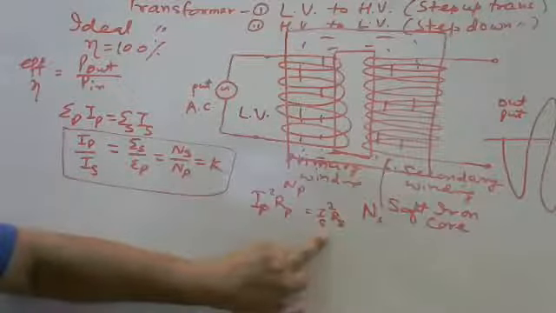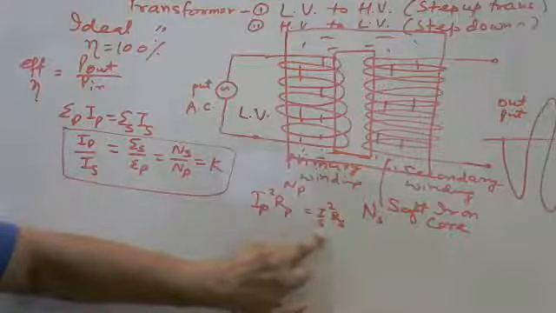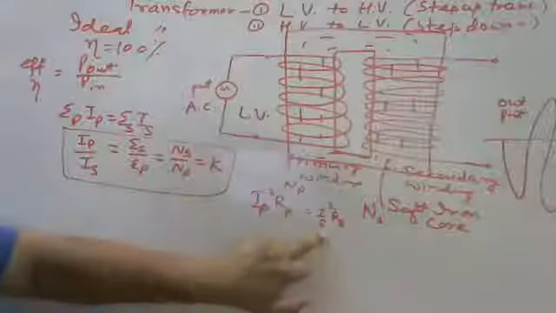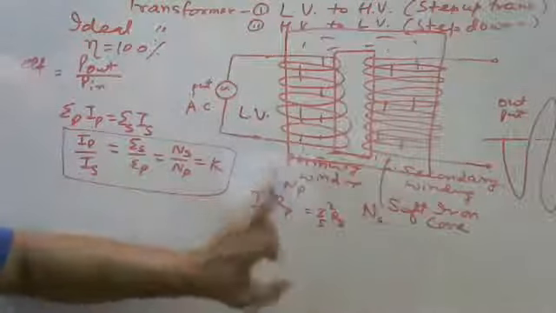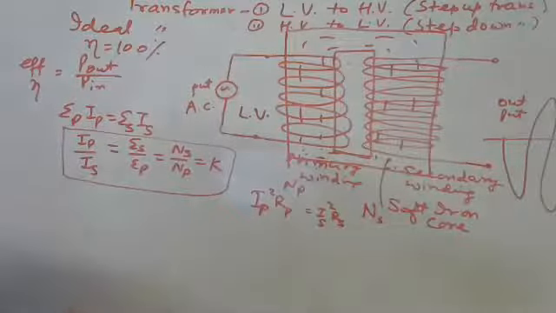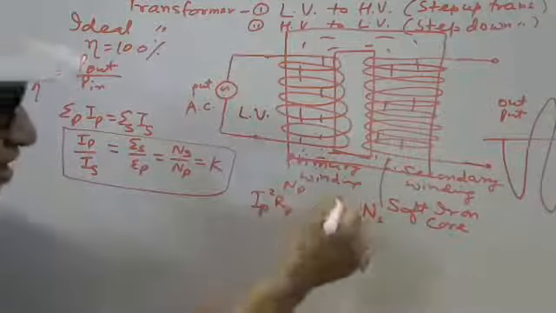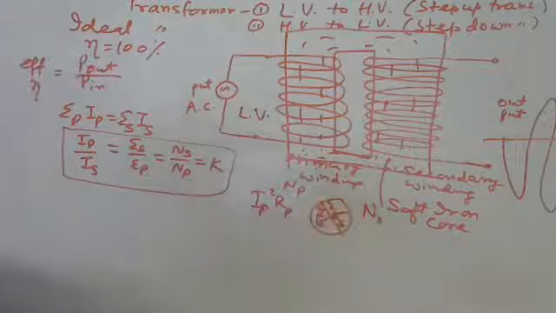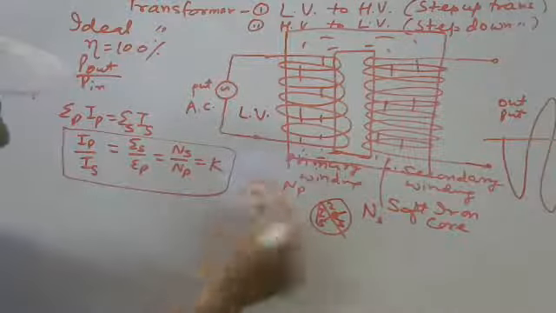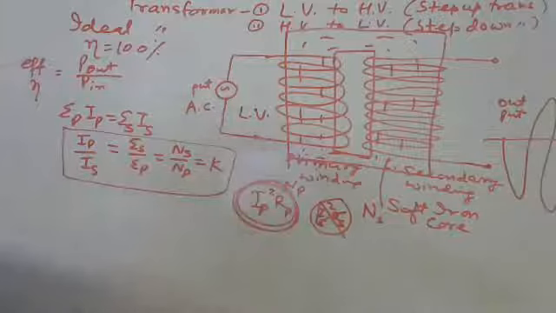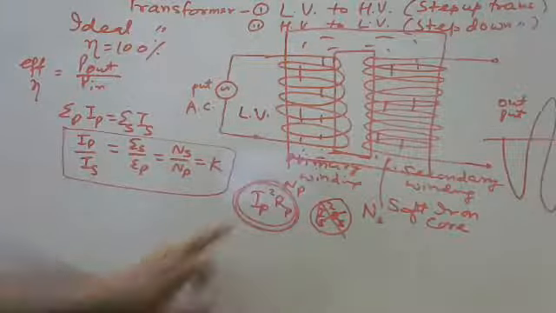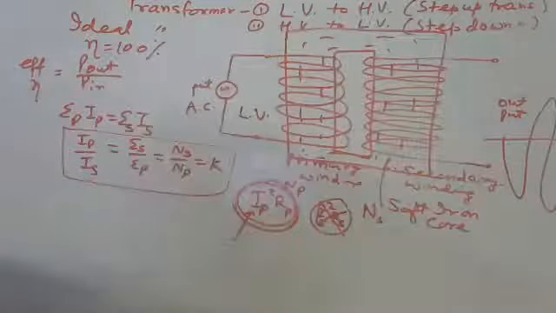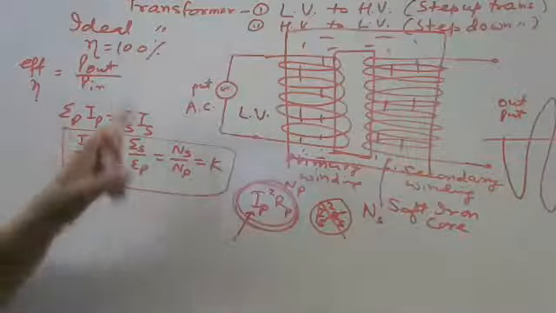The reason is that the secondary voltage is high, secondary current is low, so secondary side power loss is less. So forget about this. This is also less. But this is very high, so we have to reduce it. Mind it, we cannot reduce the current. If we reduce the current, voltage will change.